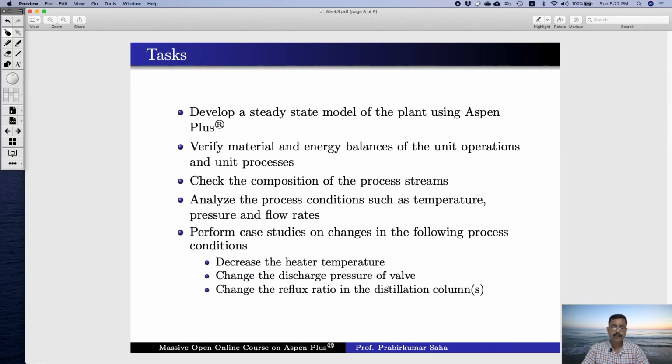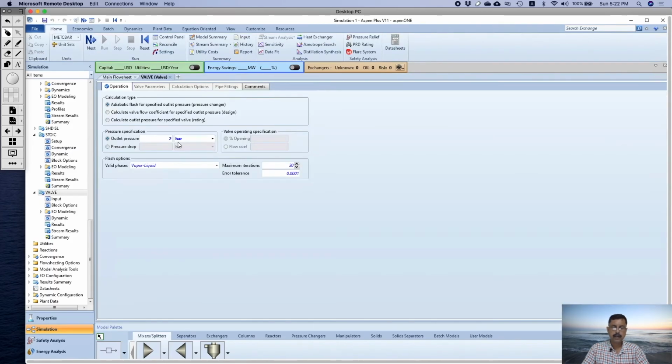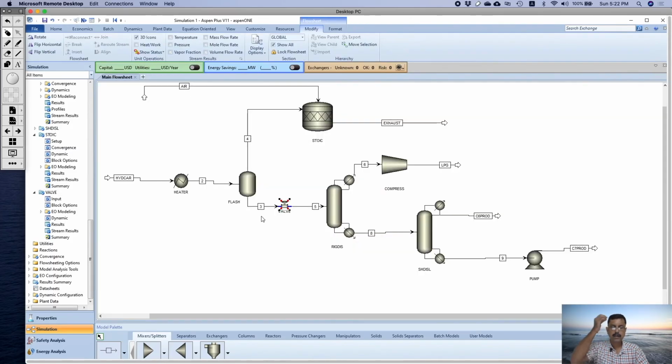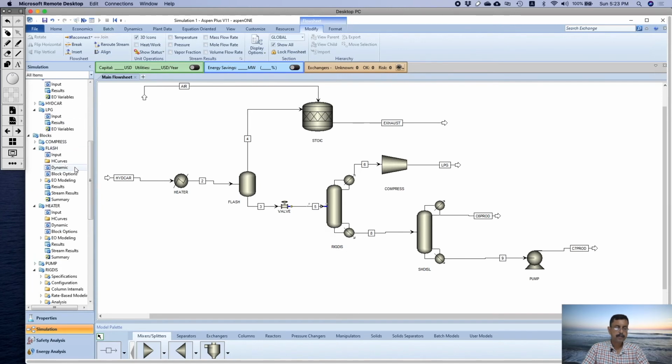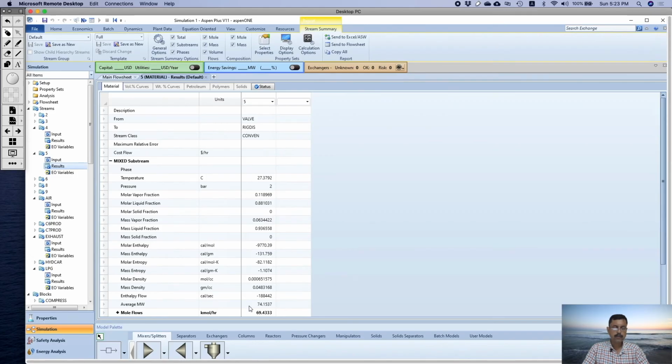So discharge pressure of the valve right now is 2 bar, and it's the outlet, the stream 5. Its composition, you can see the stream 5, results in molar liquid fraction of 88.1031%.